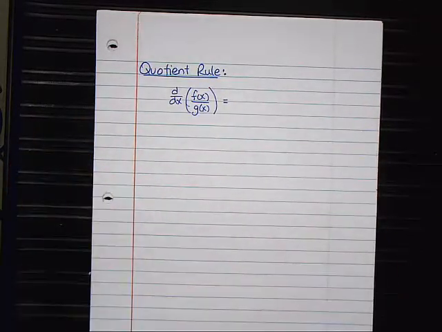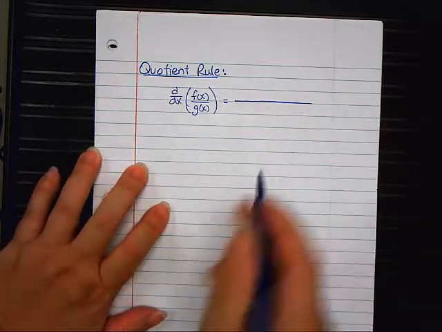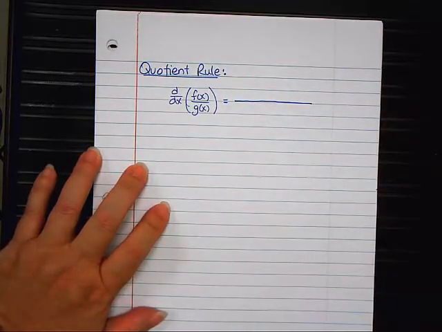d/dx of f of x divided by g of x. How to take the derivative of a quotient. Two functions that are divided. Now, this formula is a lot more complicated than the last one, but I do have a way to help you remember it. First of all, it's going to be a rather large fraction. So I'm going to draw a big fraction bar. The derivative of a quotient is as follows.